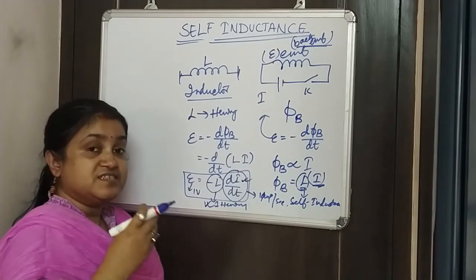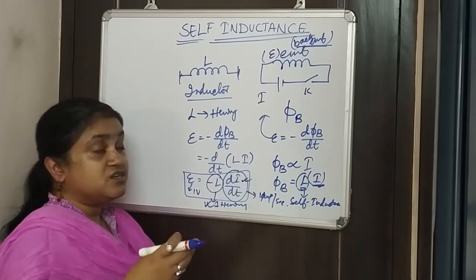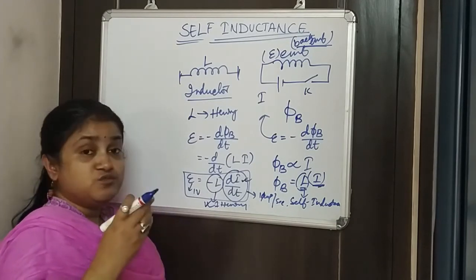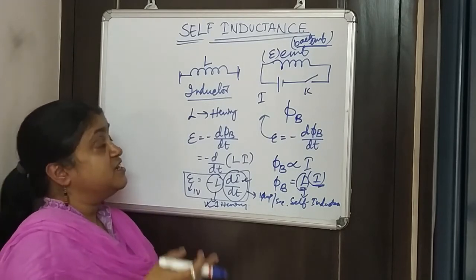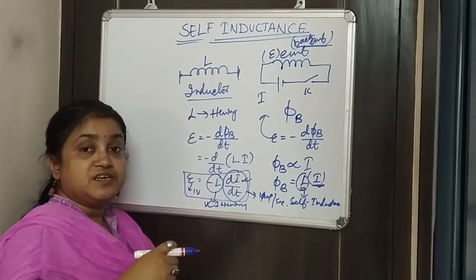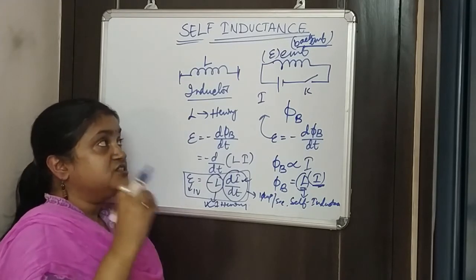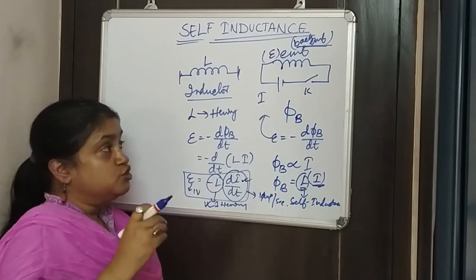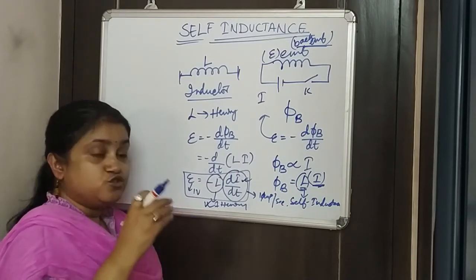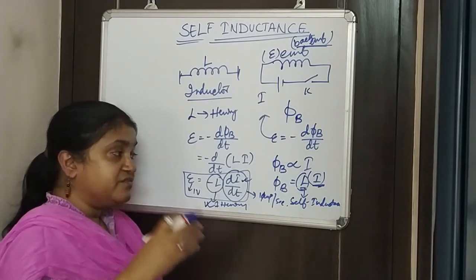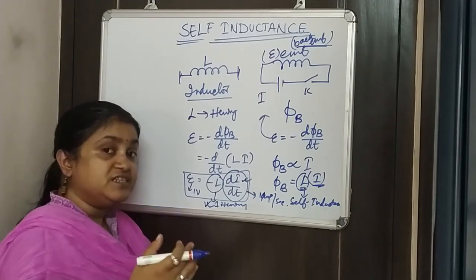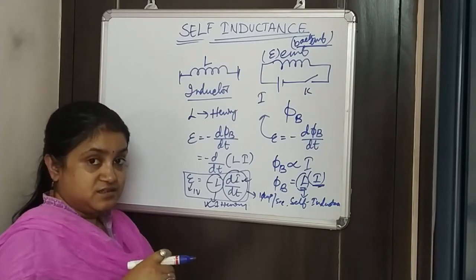Resistors have resistance which doesn't allow the current to flow. Also we have capacitance for the capacitor. Same way, inductors have this particular inductance, and their major role in the circuit is to nullify or to stop or to prevent any kind of change in current in the circuit.